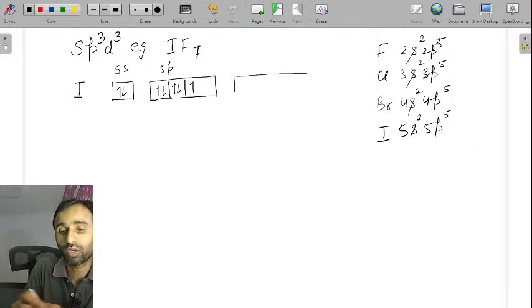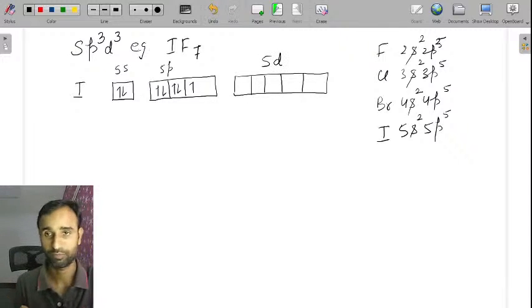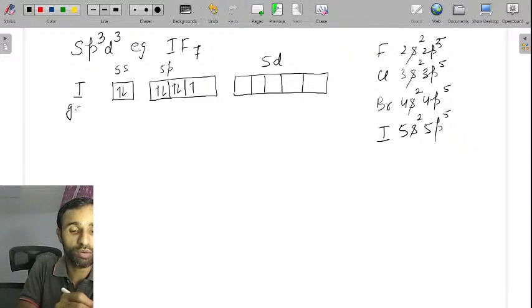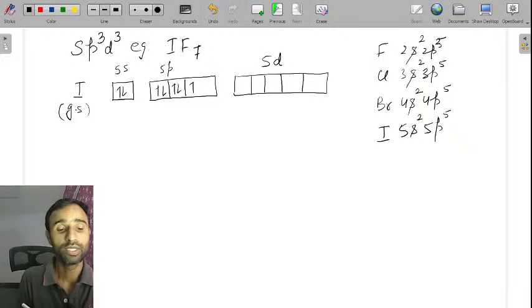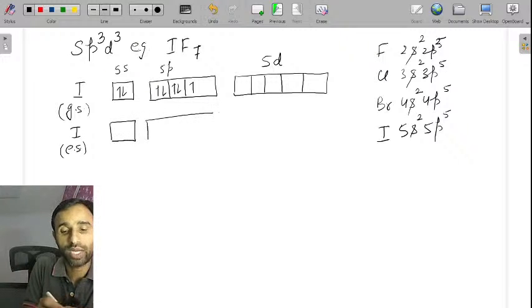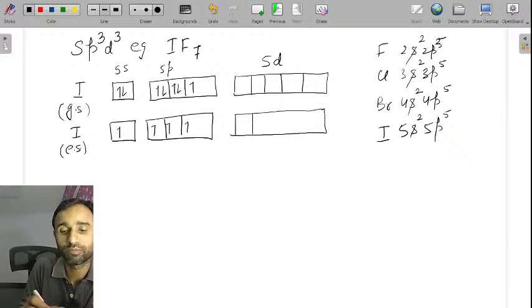Now because we need 7 unpaired electrons, so obviously we will use 5d to promote the electrons. This is the ground state of iodine, right? So when iodine is in the excited state, one of the electrons from 5s and 2 electrons from 5p are shifted to 5d.